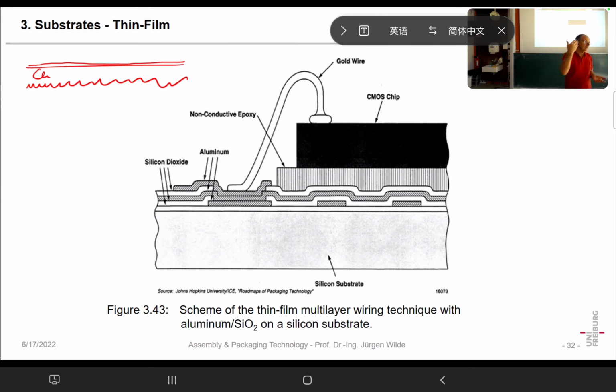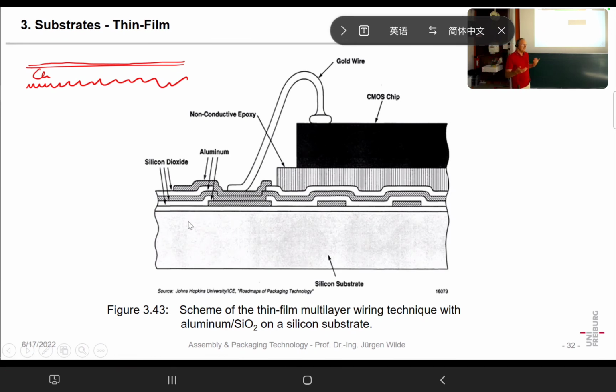So when you want to assemble another silicon chip or something similar on it, CTE mismatch is not a problem. Okay, so silicon can be used, but on the other hand, silicon must be insulated, because it's never a perfect insulator, so you need a layer of silicon oxide first to make it insulating.